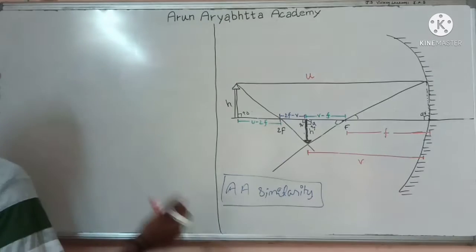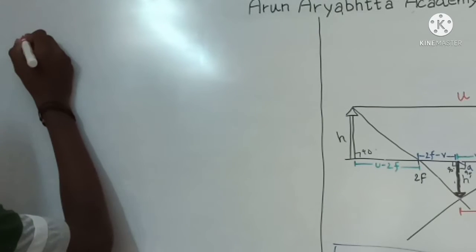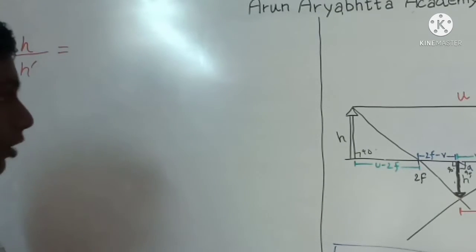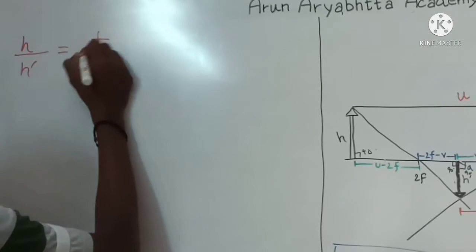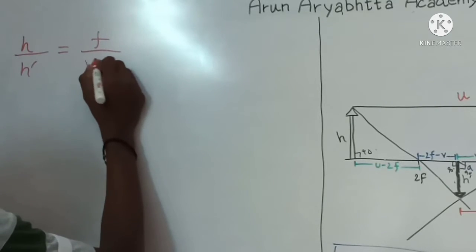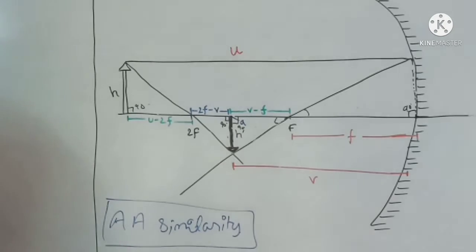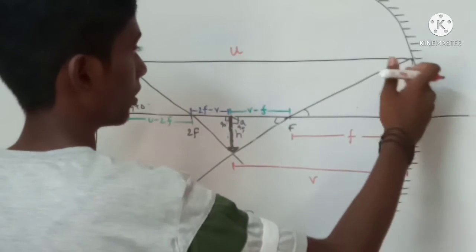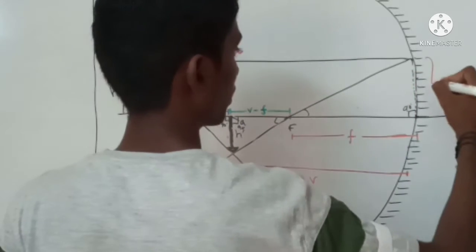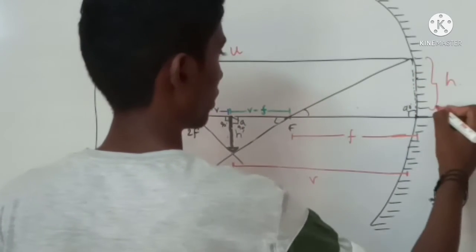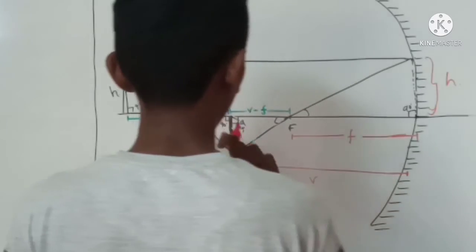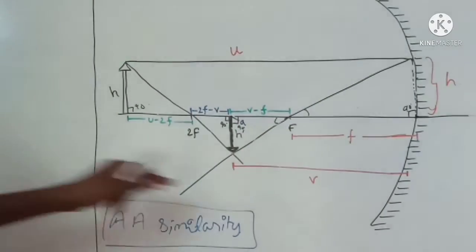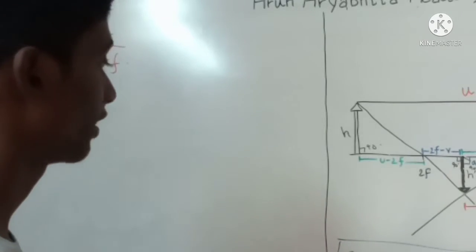I can write h by h dash is equal to f by v minus f. You can see that these two triangles are similar. This height is h and this height is h dash. So h by h dash is equal to f by v minus f.